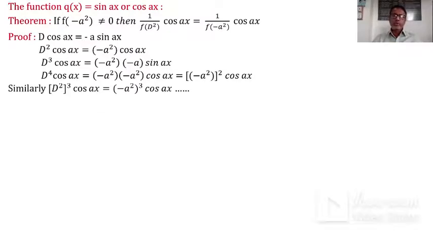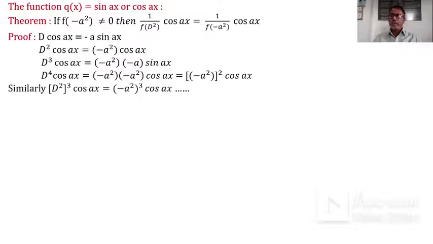If we want to take D to the power 6, meaning D square cubed cos ax, it is equal to minus a square cubed cos ax, and D to the power 8, meaning D square to the power 4 cos ax, is minus a square to the power 4 cos ax, and go on continuing.